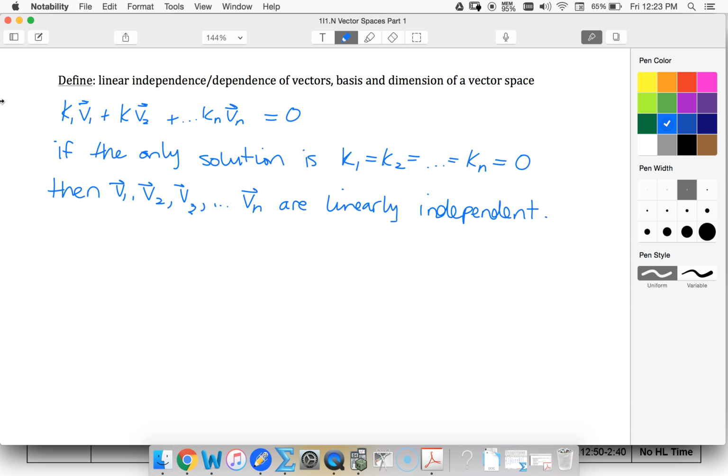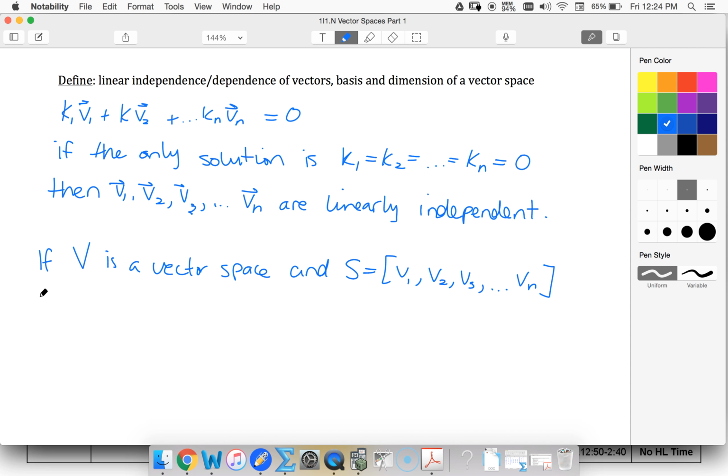So if V is any vector space, so we've got V as a vector space, and S is a subspace of V. Then we say that S is a basis if two things happen.